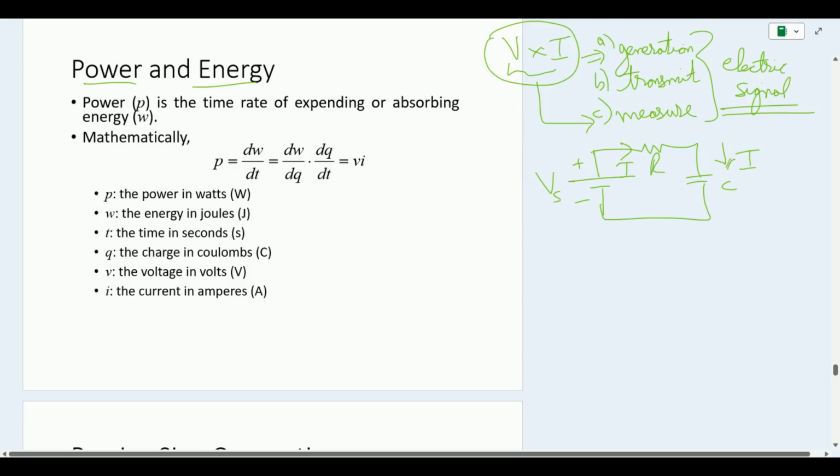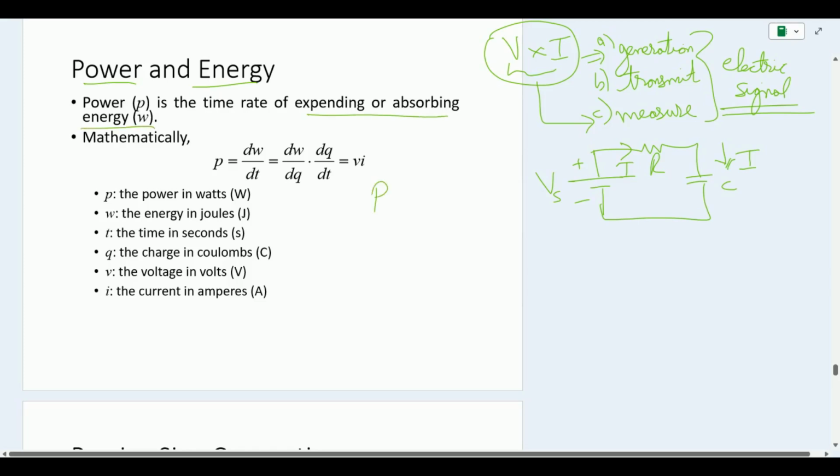But in normal daily life, we don't use them. Rather, we use the associated terms of power and energy, which are extracted from voltage and current. So what is power? Power is the rate of expending or absorbing energy. And how did we reach this conclusion?